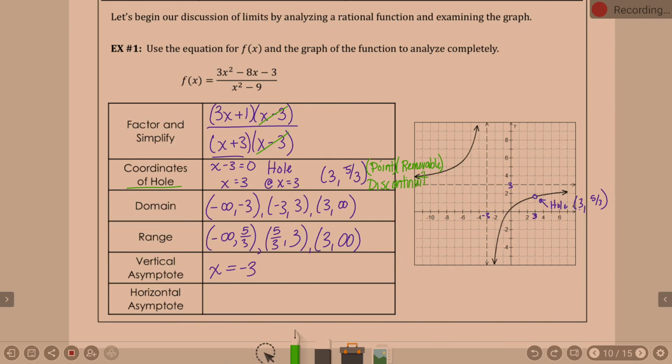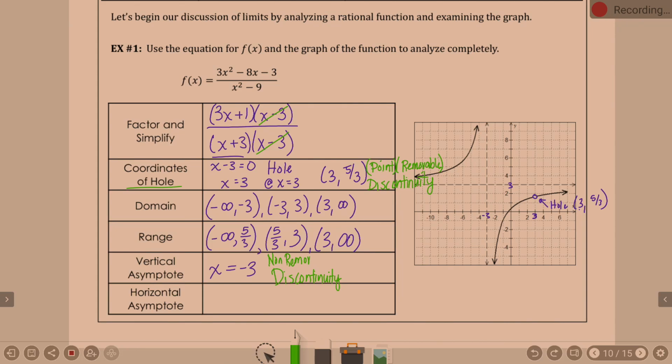Now, a vertical asymptote is also a discontinuity. This one, though, what kind of discontinuity do you know it as? If we knew holes as removable, vertical asymptotes were non-removable, is what you probably knew it as.